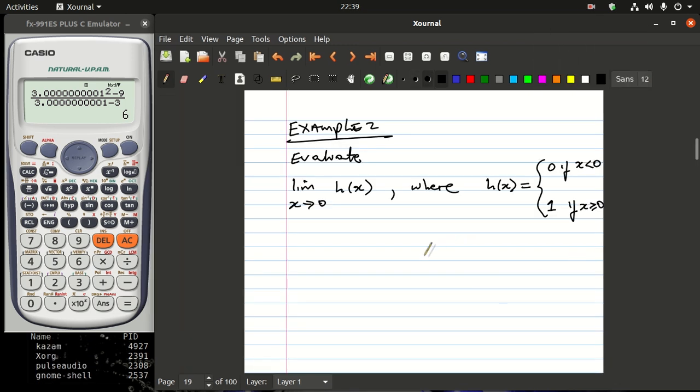Now, in this example, we want to evaluate the limit as x approaches 0 of h of x, where h of x is equal to 0 if x is less than 0, and 1 if x is greater than or equal to 0.